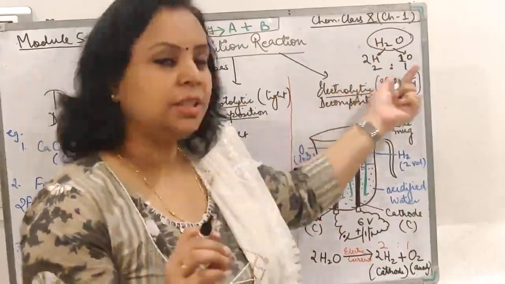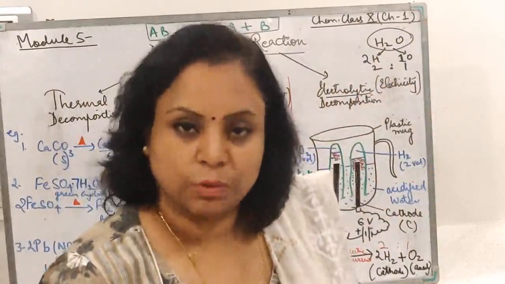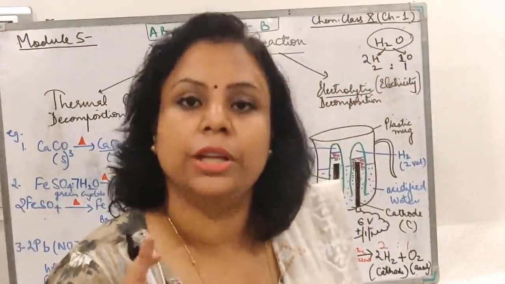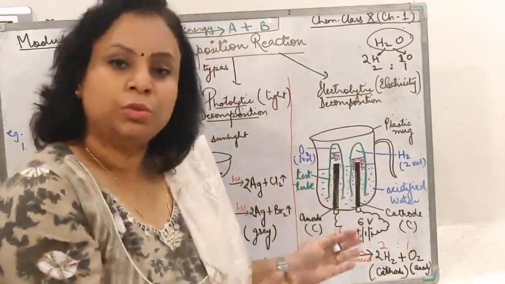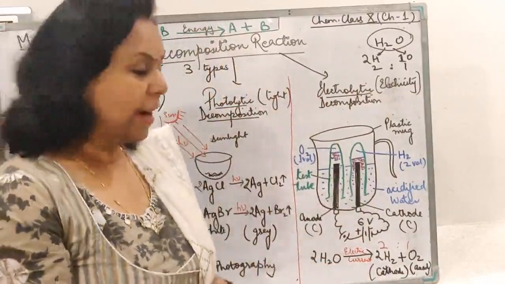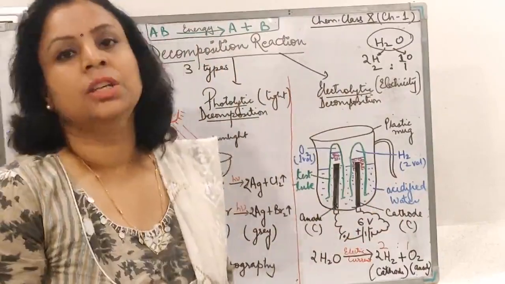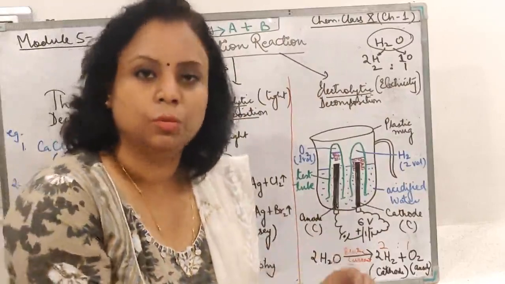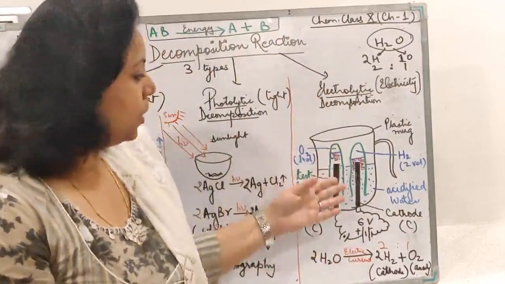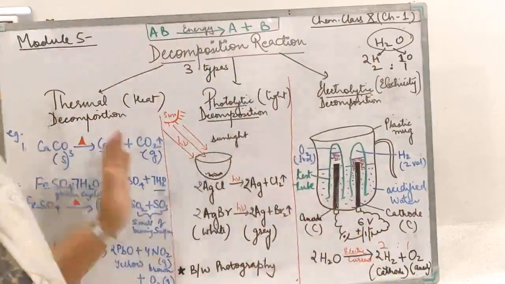So hydrogen and oxygen are present in the ratio 2:1 in one molecule of water. When we do the electrolysis, we find that the products, hydrogen and oxygen, are also in the ratio 2:1. So this is the electrolytic decomposition of water.